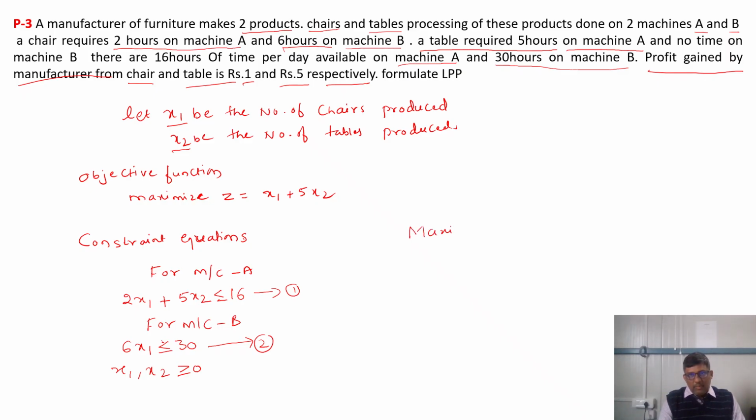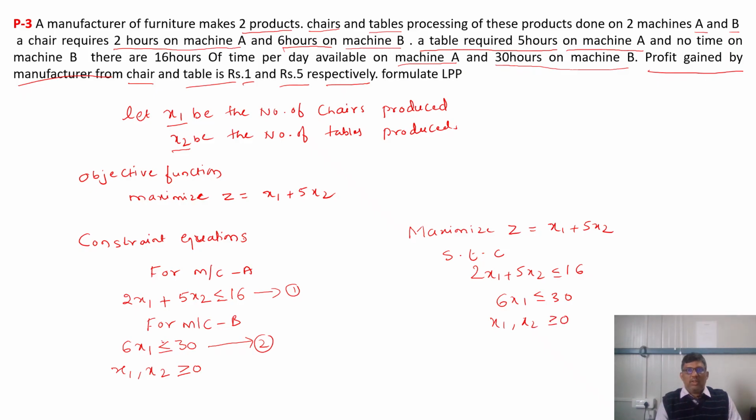Maximize z equal to x1 plus 5x2 subjected to constraints 2x1 plus 5x2 less than or equal to 16 and 6x1 less than or equal to 30, x1, x2 greater than or equal to 0. So this is the representation of the LPP. Thank you.